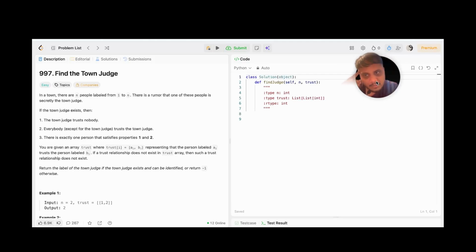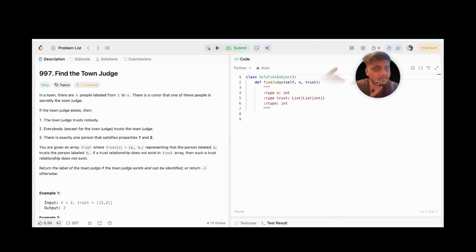Then you are given an array trust where trust[i] equals [ai, bi], representing that the person labeled ai trusts the person labeled bi. So there is an array which has been given to you. Let's call it the trust array, and this is an array of pairs. In the pair, the first element is the starting node and the second element is the ending node.